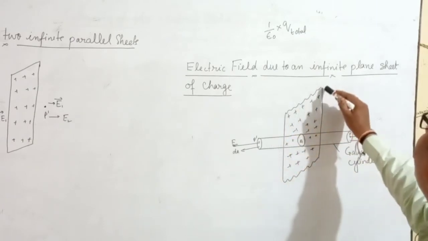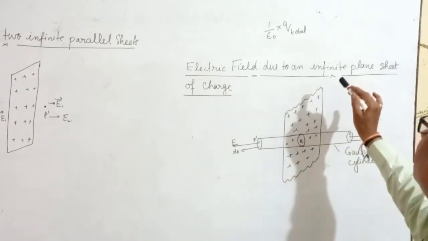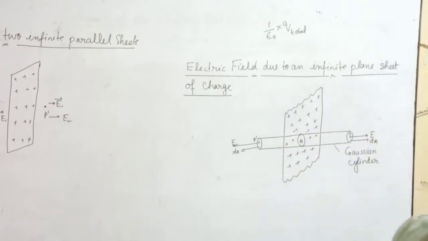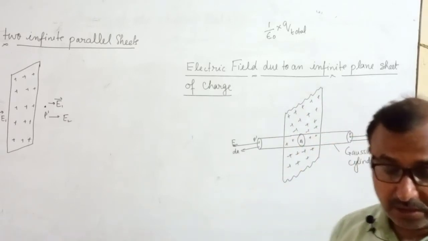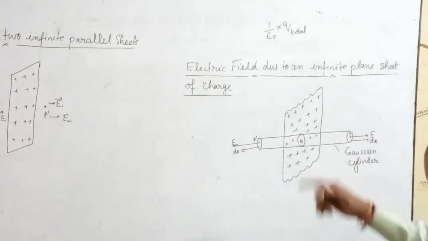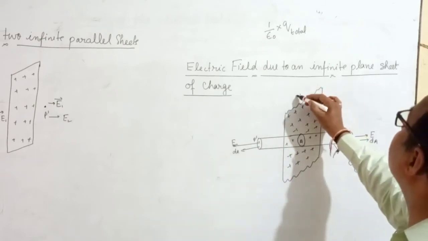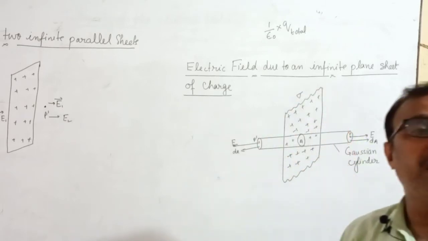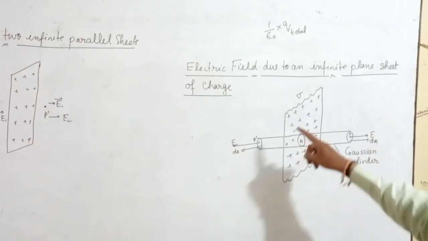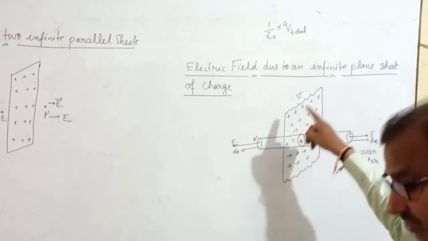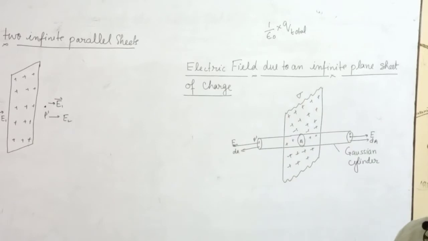So this is your infinite plane sheet of charge. Suppose the surface charge density is sigma. You have an infinite plane sheet of charge and the charge density on it is sigma.